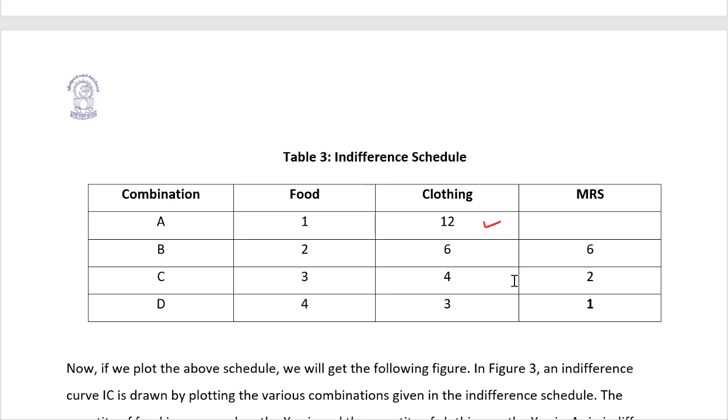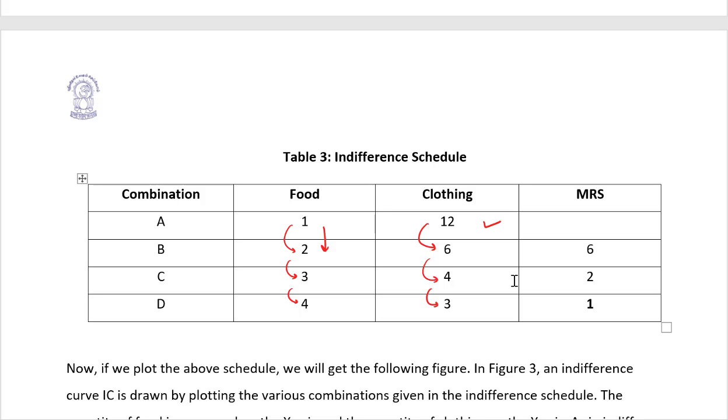When we increase the unit of food, there is a decrease in the unit of clothing from 12 to 6, 6 to 4, 4 to 3, while food goes 1 to 2, 2 to 3, 3 to 4. So an additional unit of food is coming in the combinations and there is a sacrifice in the level of clothing.